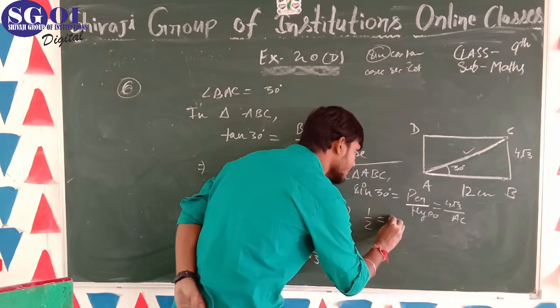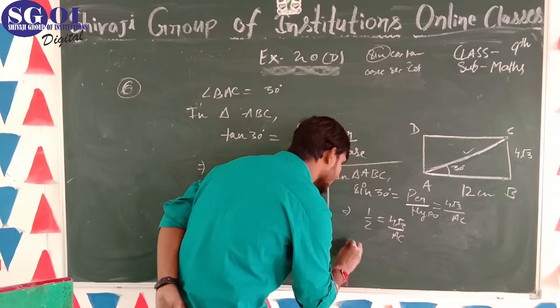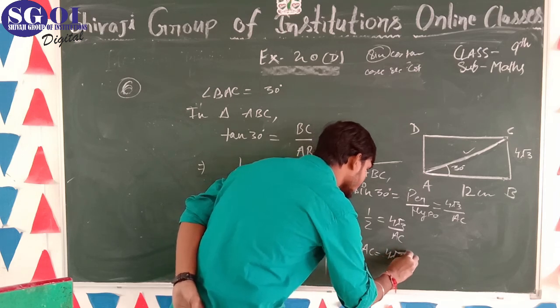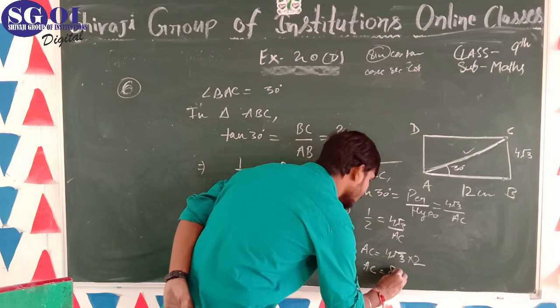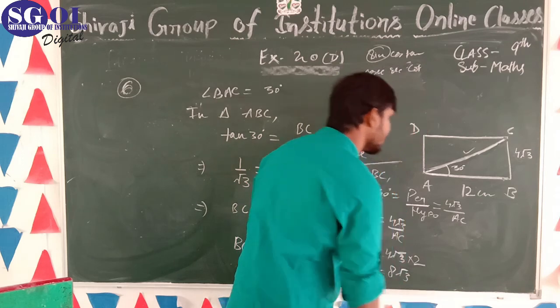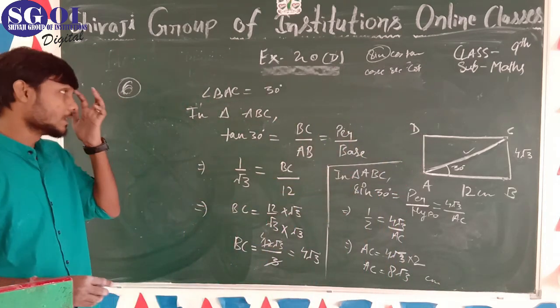So it is 1 by 2 equals 4 root 3 upon AC, so AC is equal to 4 root 3 into 2, which comes to 8 root 3. AC is 8 root 3 centimeters. So this is the answer.